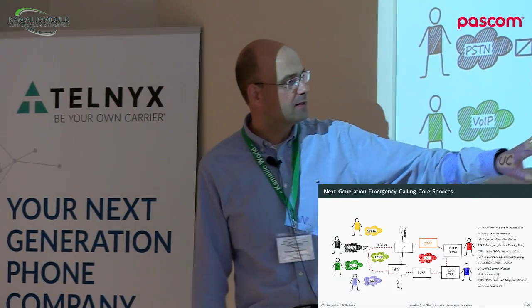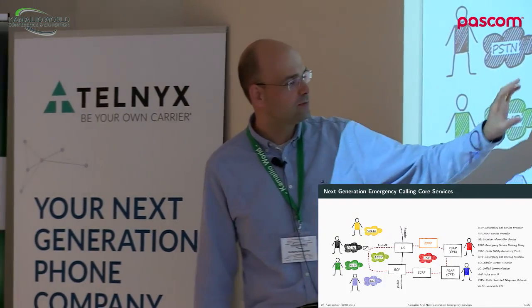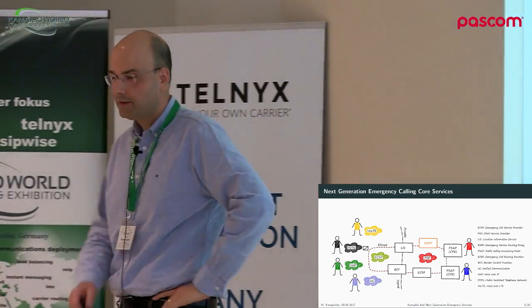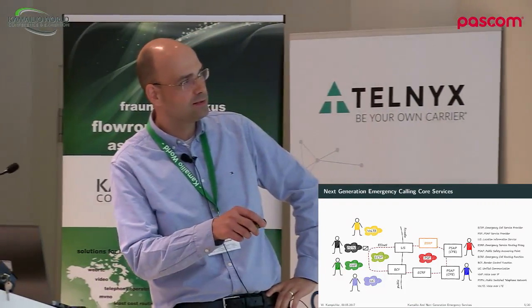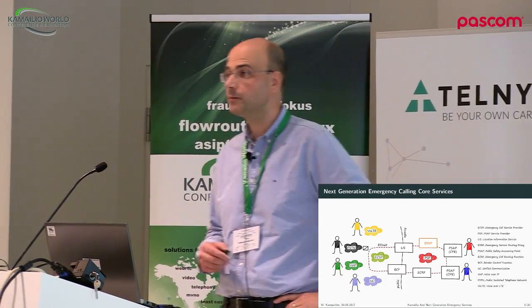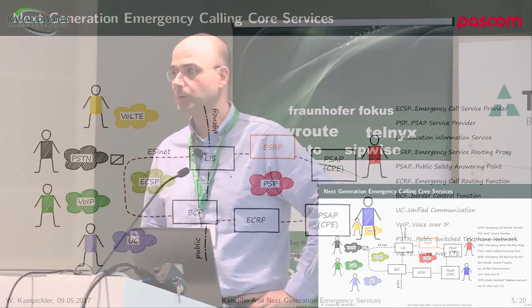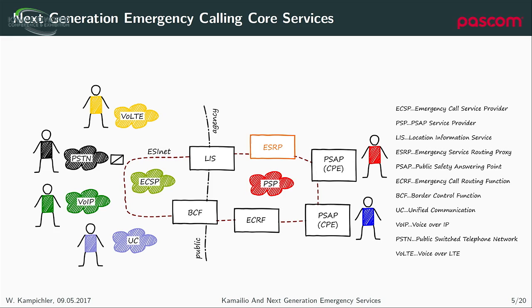Then we have some elements I'm going to talk about anyway: the border control function, the location information service, and this is the interesting part, the emergency service routing proxy. This is the element that needs to support the service URLs. And on the right side, we have the public safety answering points. This is the technical name for the emergency control center.